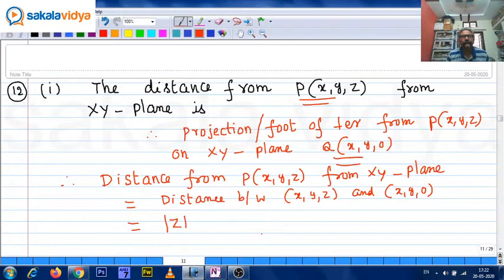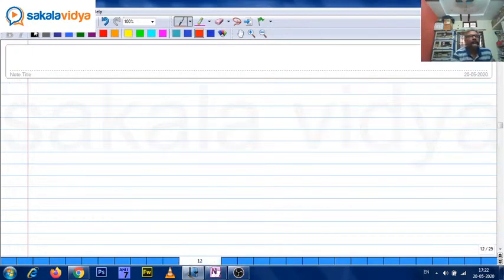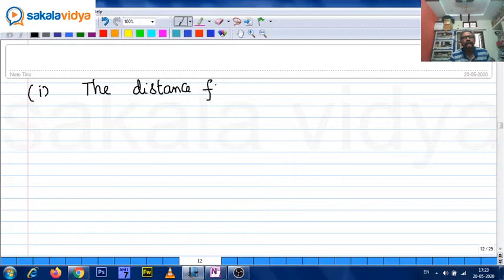Next, the second point to be discussed under 12. The distance of P(x, y, z), or the distance from, whatever it may be, no problem, to and fro you can change.